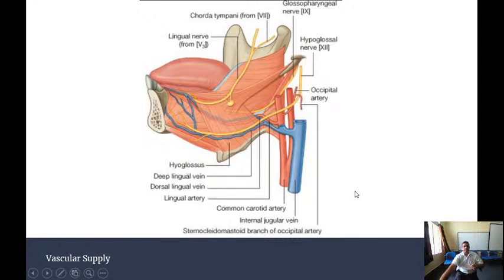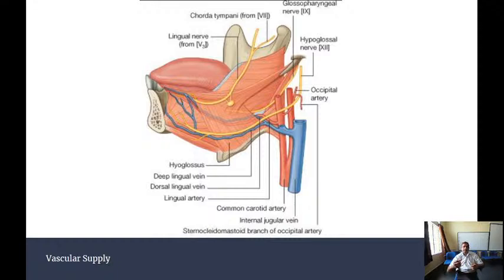Then we come to the nerve supply. The nerve supply is usually divided into sensory and motor. In sensory, we have general sensation, then the special sensation, that is taste, and the third one is the sympathetic and parasympathetic, which are the secretomotor fibers.